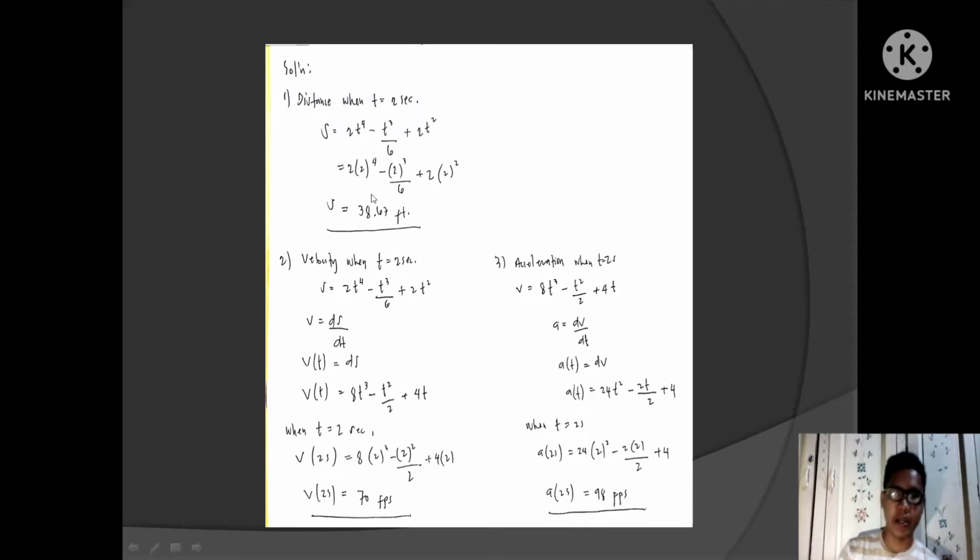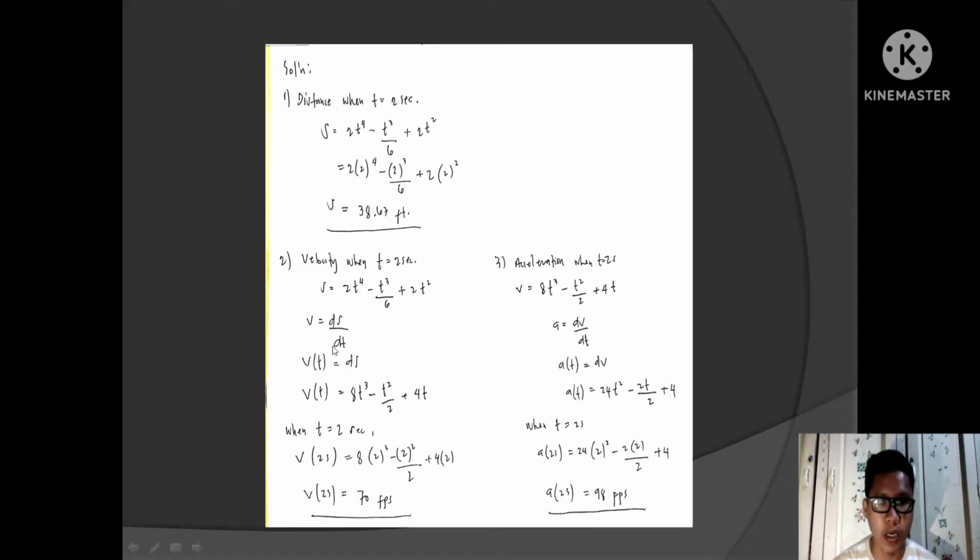The next one is the velocity when t is 2 seconds. Since this is our equation, and we have already discussed that velocity is equal to delta s over delta t.